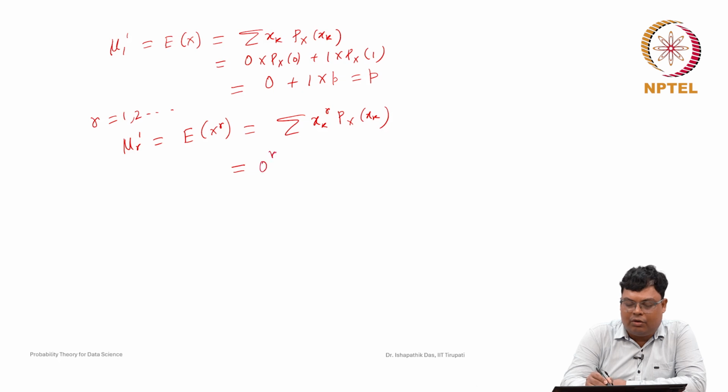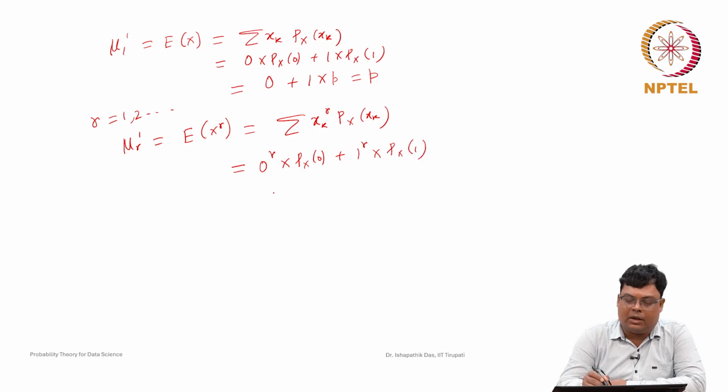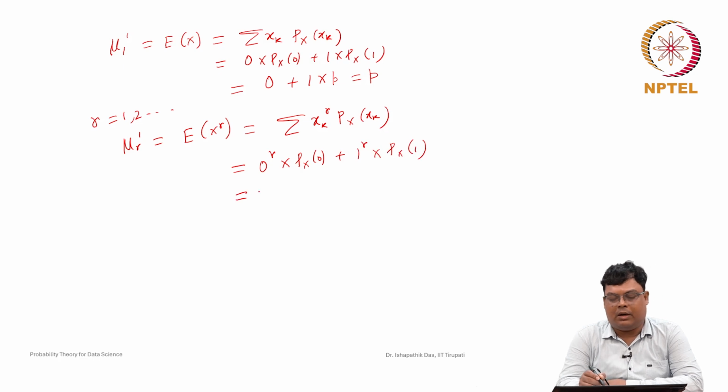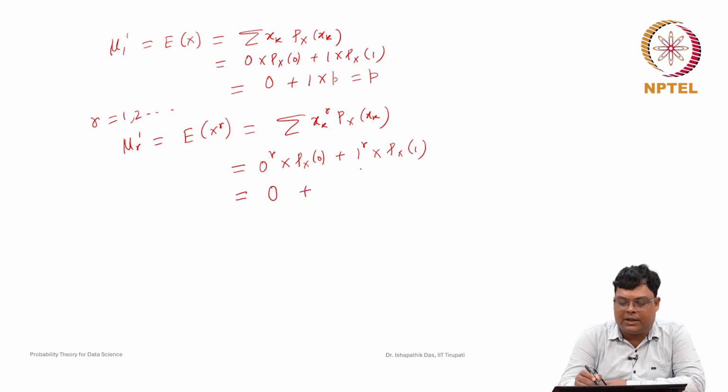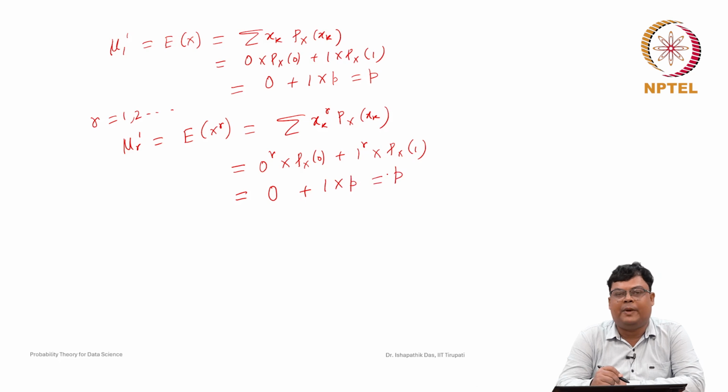So, this is 0 to the power r into p_X(0) plus 1 to the power r into p_X(1). This is 0 plus 1 into p_X(1), and p_X(1) is p, as we just discussed. So, this is equal to p.